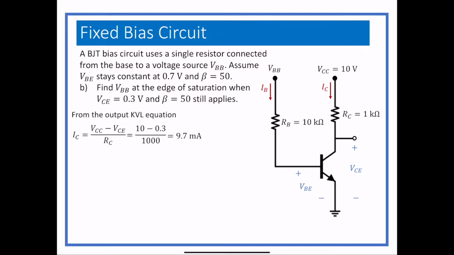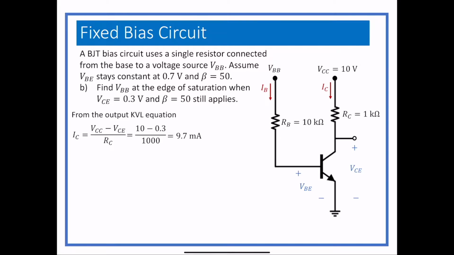This is a theoretical question, but what's the purpose of finding values at the edge of saturation? Because finding it right on the edge is more theoretical, but we find it in saturation, you see how different it is. So we might want to know what's the maximum current that's going to go through it in saturation.